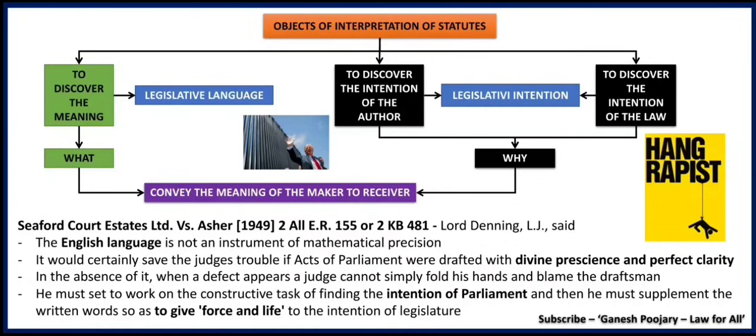Because a lot of rape cases were reported, and people gave a lot of importance to it. There was a lot of fight, and the law wanted to be very stringent towards the accused and give justice to the victim. That is how the intention of the law became very strict at that particular time. Here, the person who is interpreting the law or the statute needs to understand what the intention is. So he needs to know all of this.